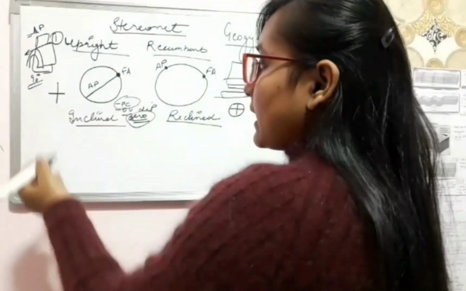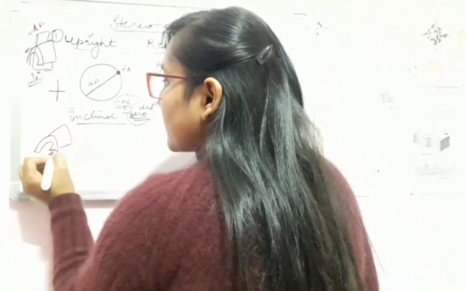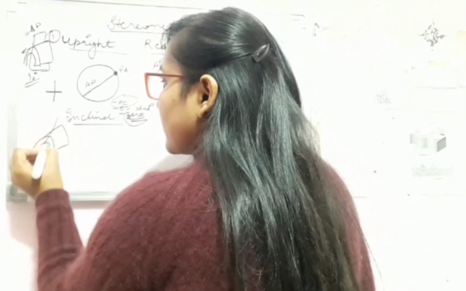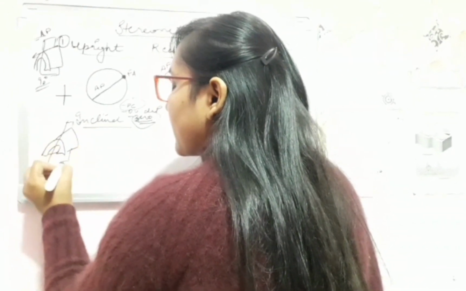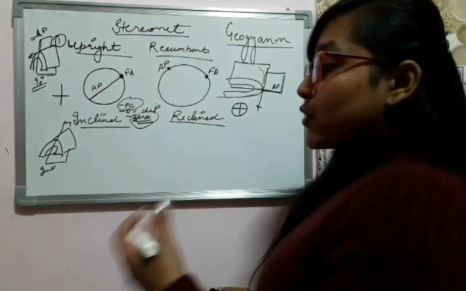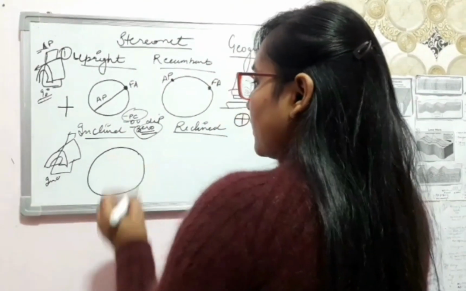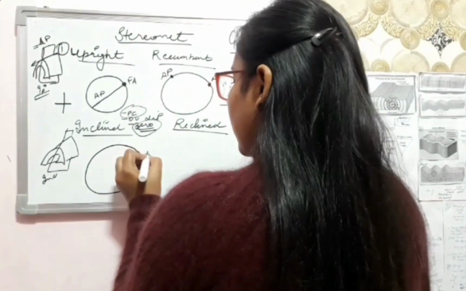okay, so for inclined fold, I have drawn this. So this is my fold. So this will be your axial plane. Axial plane will be inclined. So how is inclination shown in the stereonet? This is the outer circle. This is the fold axis.